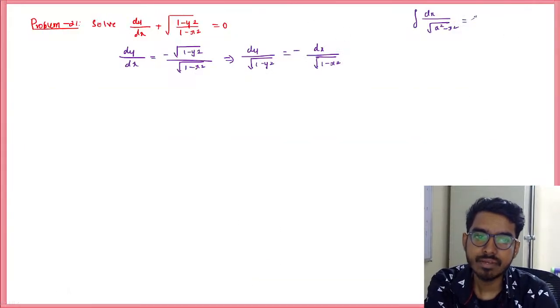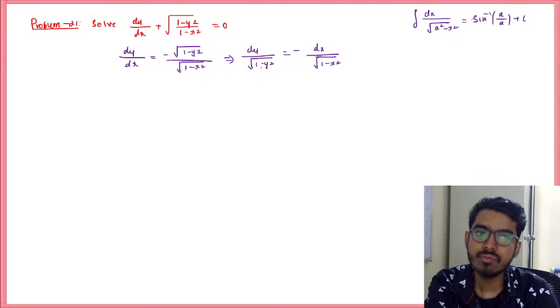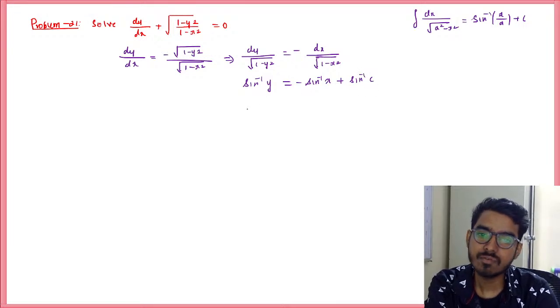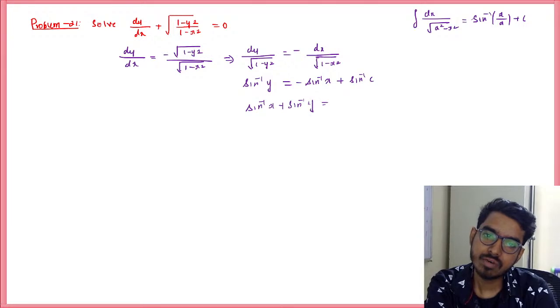So here we have a equal to 1. This is nothing but sine inverse of y, and this is sine inverse of x. And we will add the constant as sine inverse of c. So we have sine inverse of x plus sine inverse of y is equal to sine inverse of c.